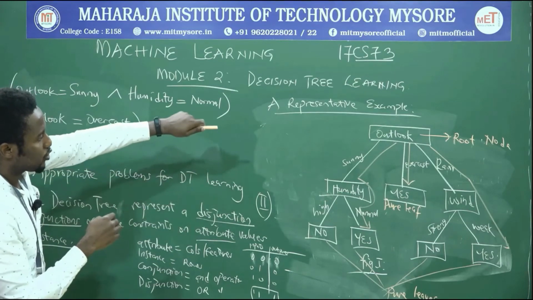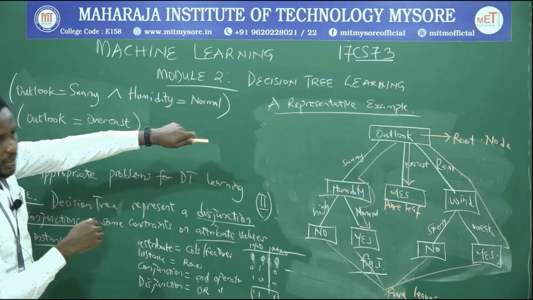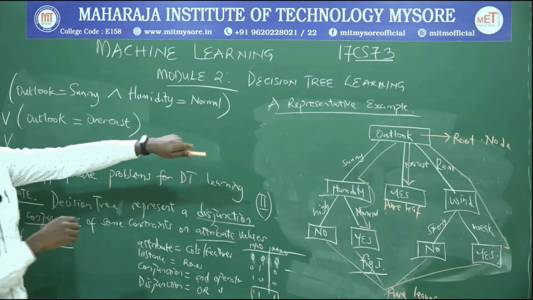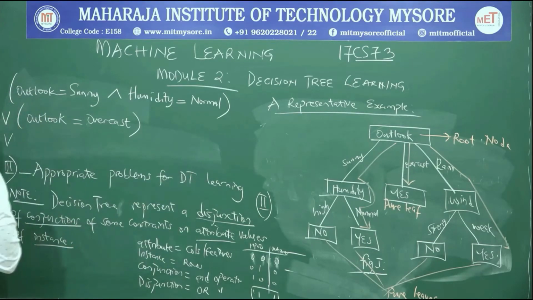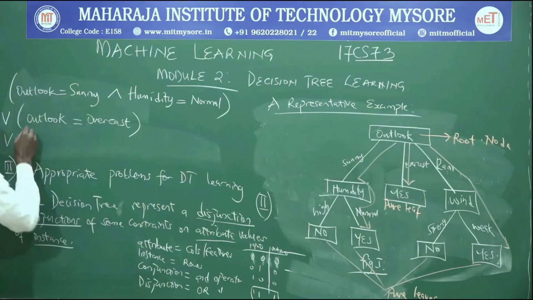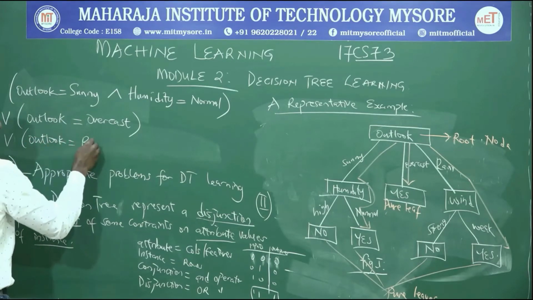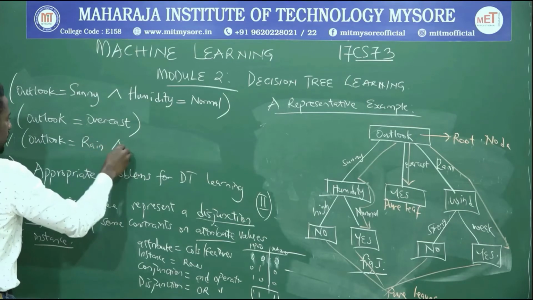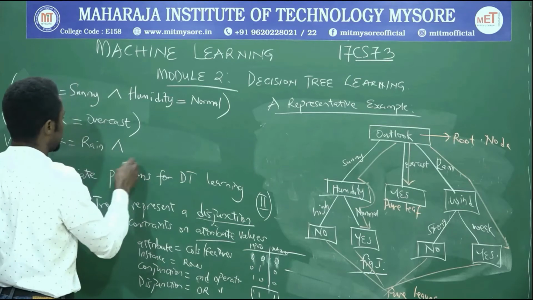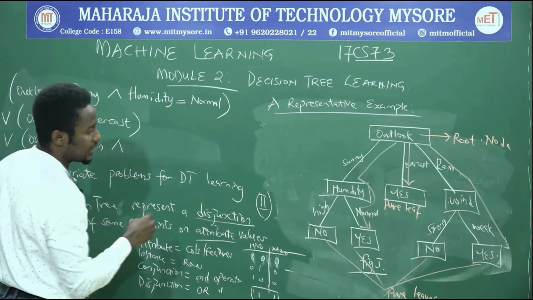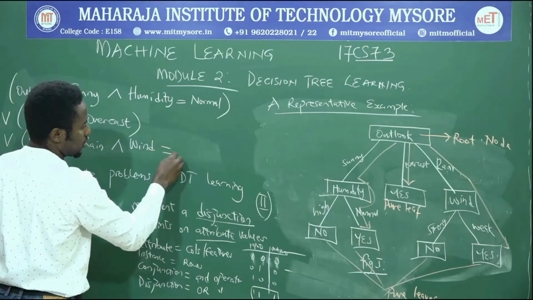You see, Outlook equals rain, then and wind equals weak, right? Fine. So we do that now. Or Outlook equals rain. Now and, please. That is conjunction. Whenever I say and, remember it's conjunction. And wind equals weak.